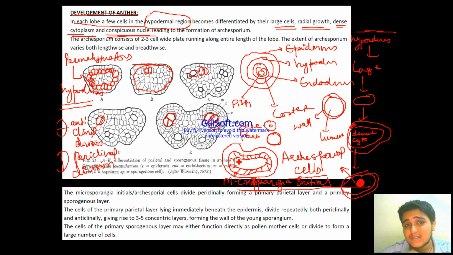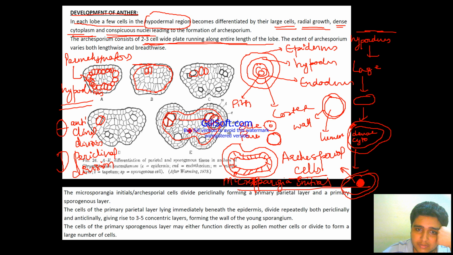Now these archisporial cells post division consist of a 2 to 3 cell wide plate running along the entire length of the lobe, which means the entire length of the lobe will have a surrounding boundary of cells, all of which are archisporial cells. Now what will happen to these archisporial cells? Once the entire wall is surrounded, they will start undergoing anticlinal division.